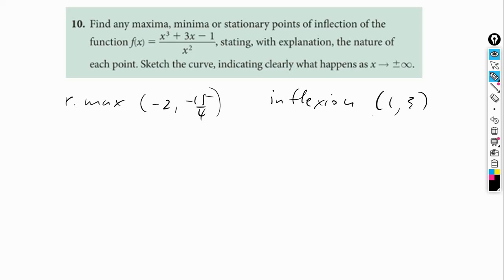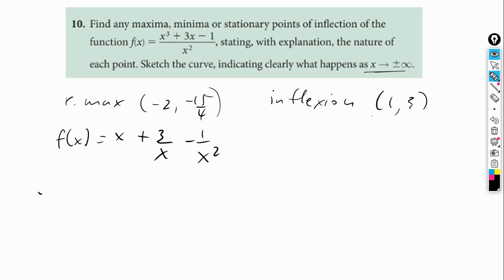But it says also what happens as x tends to infinity. What's going to happen to the graph as x tends to infinity? So remember that we rewrote this equation, and it's easier to see it this way. We rewrote it as f of x equals x plus 3 over x minus 1 over x squared. So what happens as x increases?